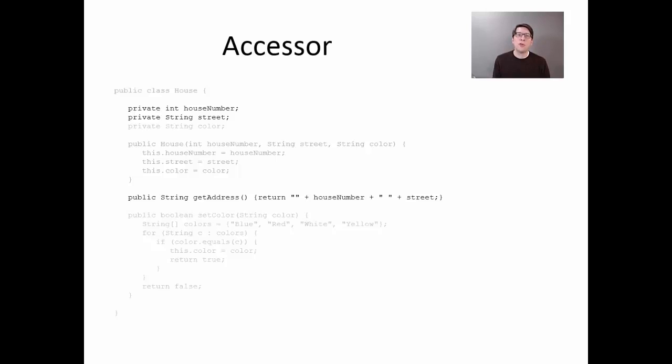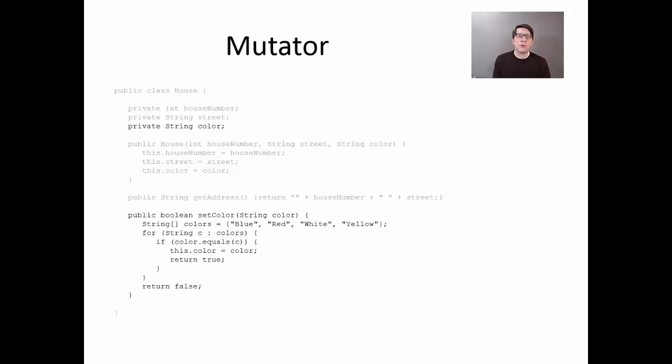With accessors, usually preceded by the word get, we allow a client to read a value of a given variable. With mutators, usually preceded by the word set, we allow a client to write to the value of a given variable. In both cases, we define how this read or write will behave and can limit the client in ways we couldn't if the variable was made public.